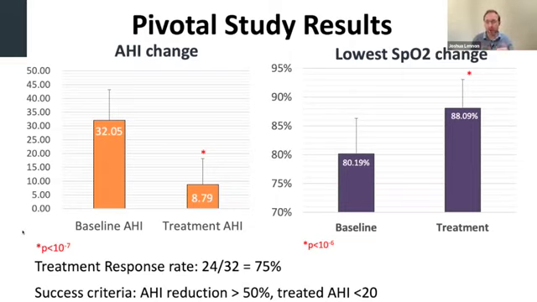Among all those individuals who were initially non-responders at the fixed negative pressure gradient of negative 40 millimeters of mercury, which is negative 54 centimeters of water, as that gradient was increased, their AHI came down, just as not everyone responds to a CPAP of 4.